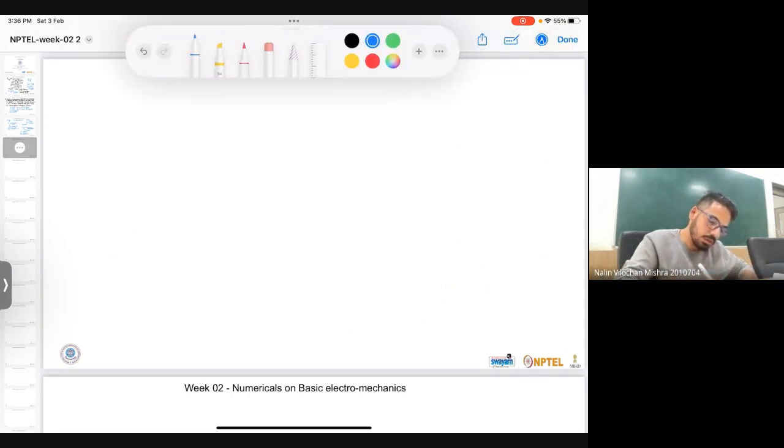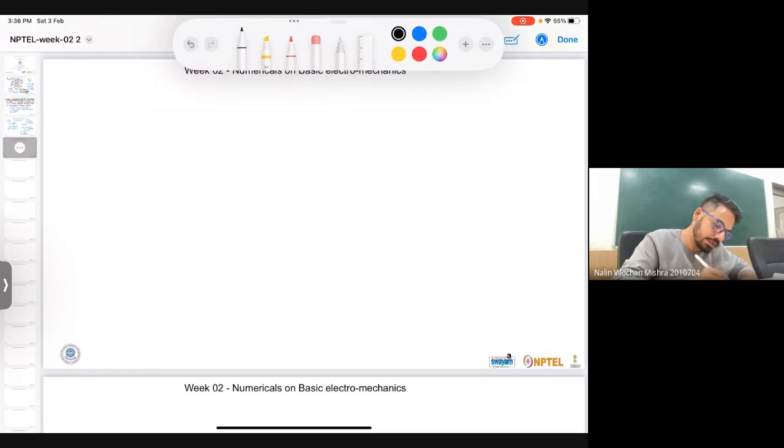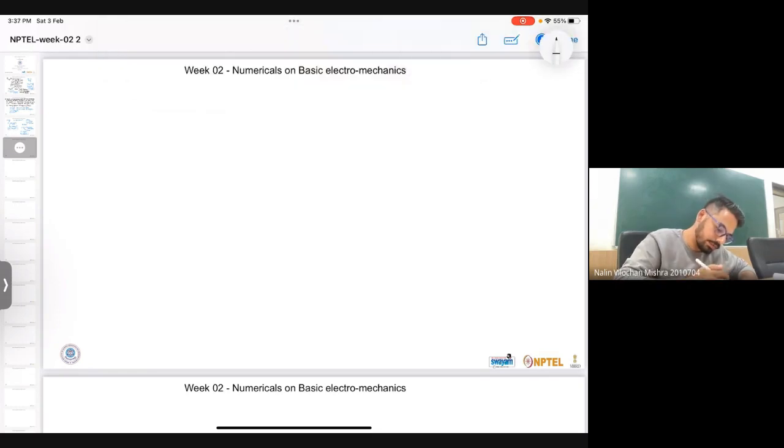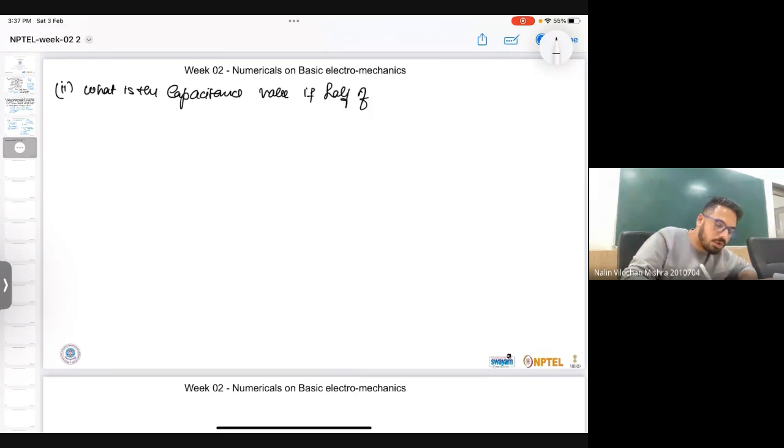So the next part is we need to calculate what is the capacitance value if half of the area is filled with water.